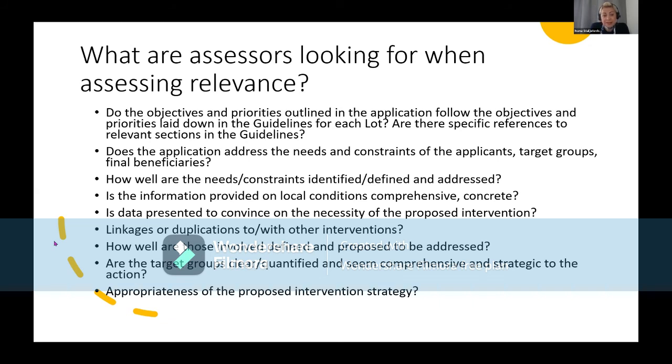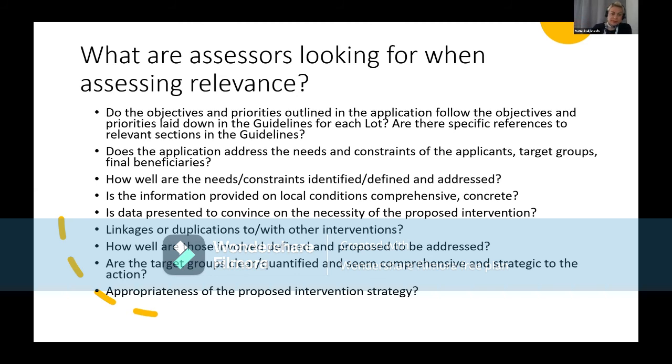Is data presented to convince on the necessity of the proposed intervention? Is the link or duplication with other interventions stipulated and explained? How well are those involved defined and proposed to be addressed? Are the target groups clear and quantified, if possible, and do they seem comprehensive and strategic to the action?